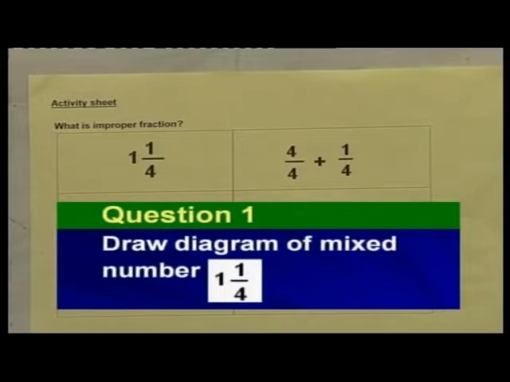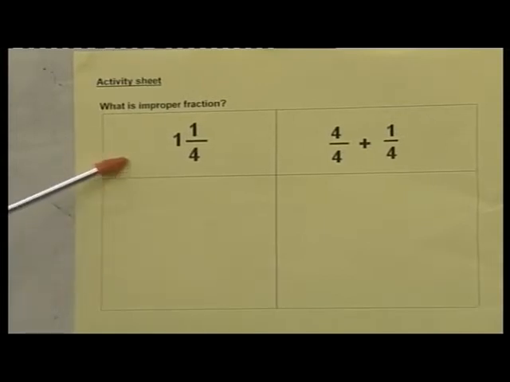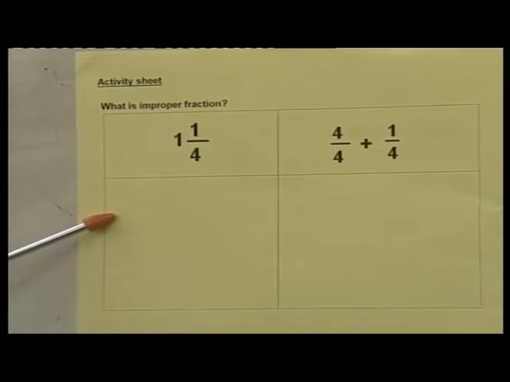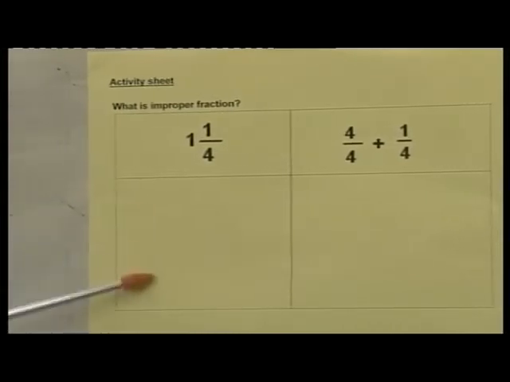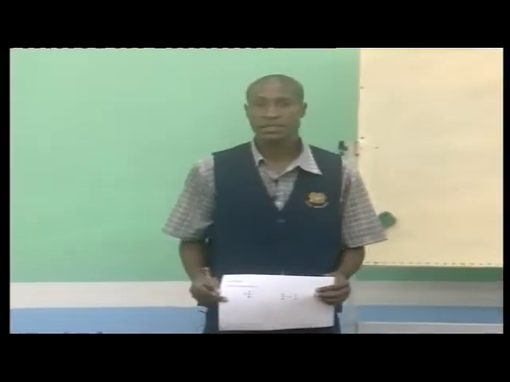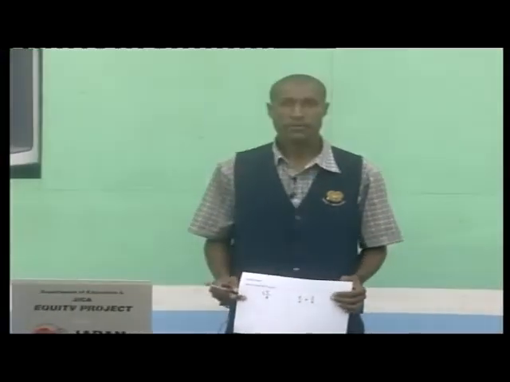Now, under the section where the mixed number 1 and 1 quarter is given, I would like you to draw the diagram of 1 and 1 quarter on your worksheet. So, receiving students and sixes, please draw the diagram of mixed number 1 and 1 quarter.